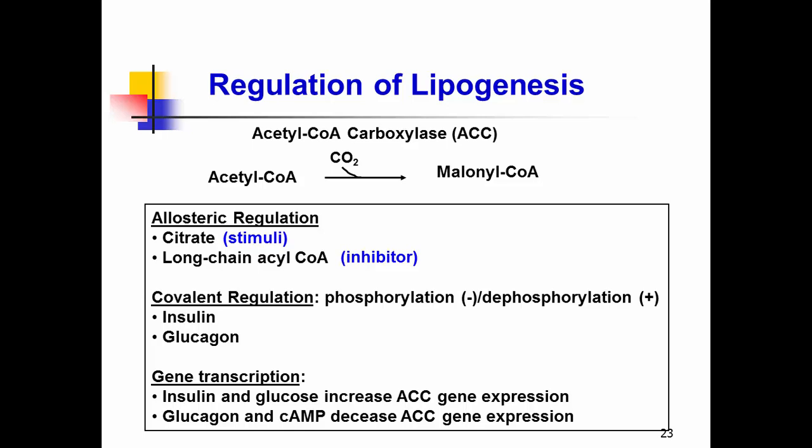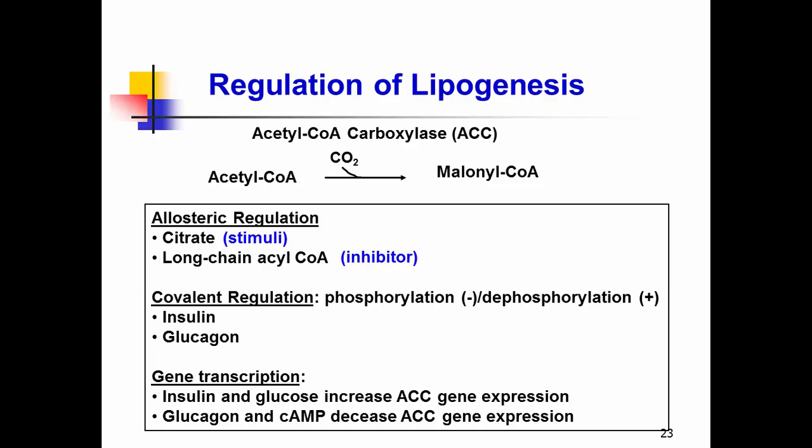If you still remember, the function of ACC is to catalyze the carboxylation of acetyl-CoA to form malonyl-CoA, right? So this is the key reaction. How ACC is regulated is very important for controlling lipogenesis, at 3 different levels of regulation.